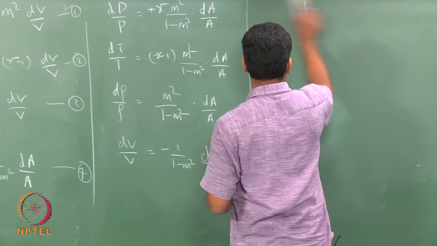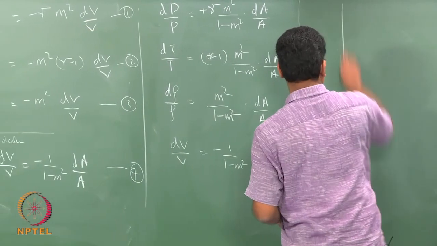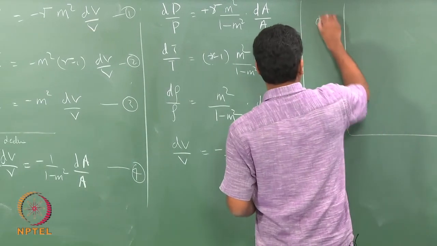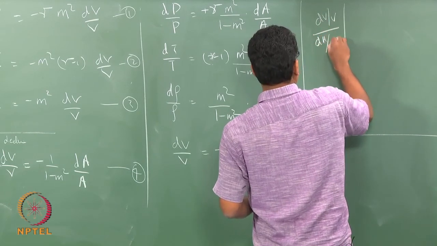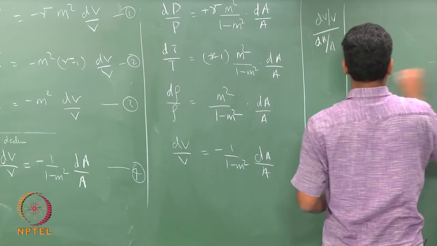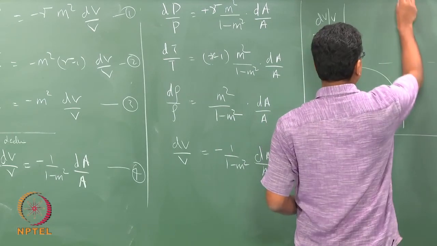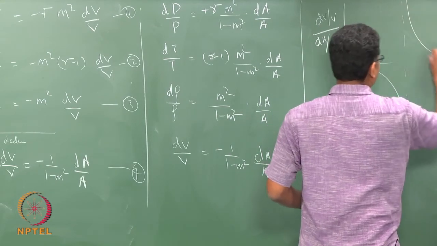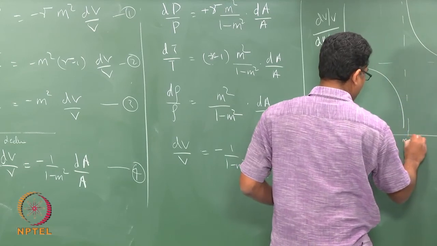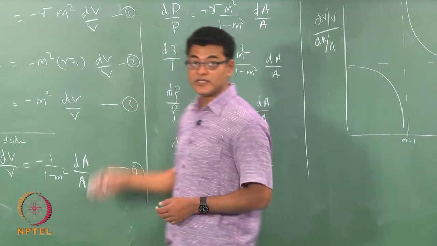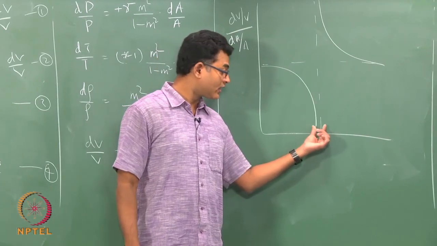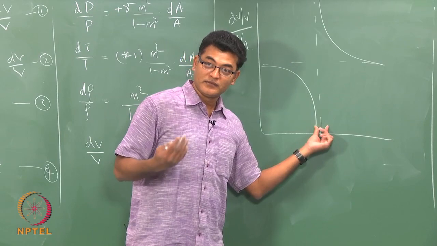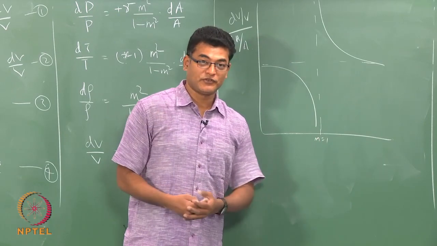So, if I draw dV by V divided by dA by A, then I am going to have a discontinuity somewhere here at M equals 1. So, these solutions we have written here are not valid at M equals 1 because there is a discontinuity, and we are not accounting for the discontinuity. Why? Because we have assumed isentropic flow.